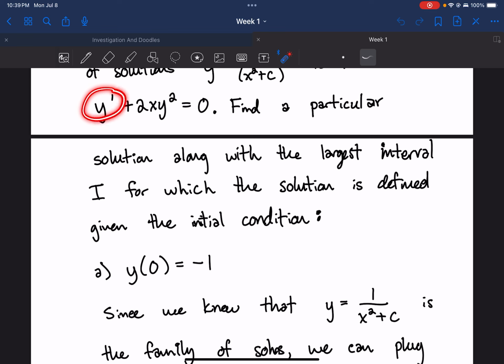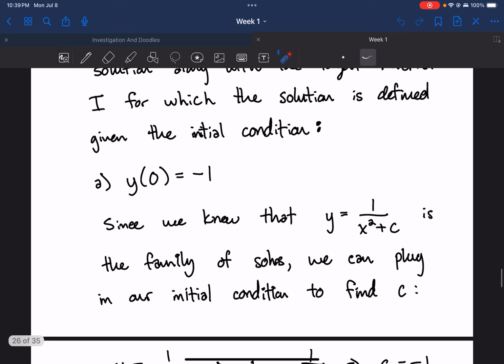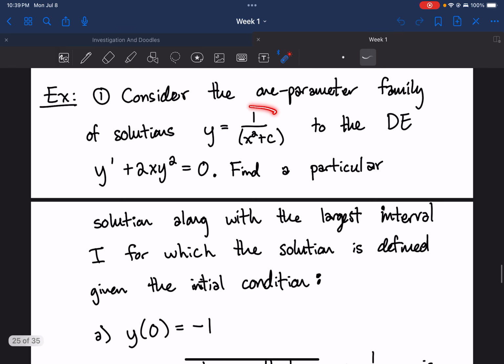This is a first order differential equation, right? The highest derivative here is 1, and so we only need one initial condition. Well, if we have to pass through the point (0, -1), we can just plug in 0 for x and negative 1 for y. I've been saying 1, sorry, negative 1 for y.